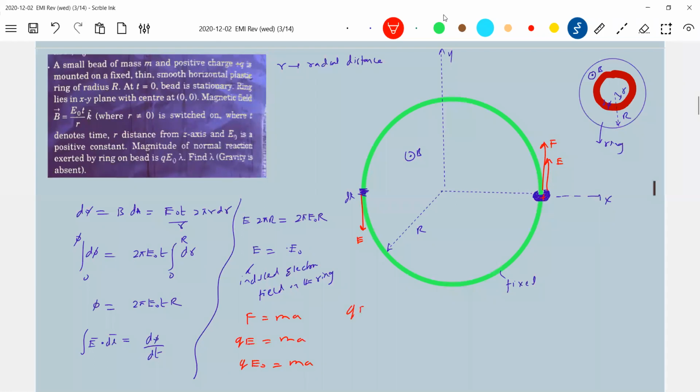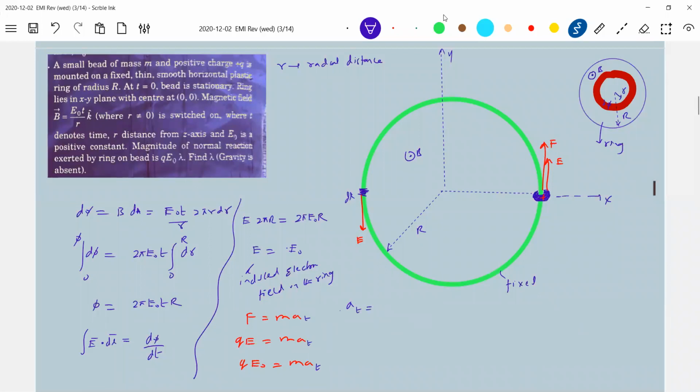Then qE equals m dv by dt, so dv is equal to qE dt by m. This gives the tangential acceleration, since the bead will move along the ring rather than in a straight line.